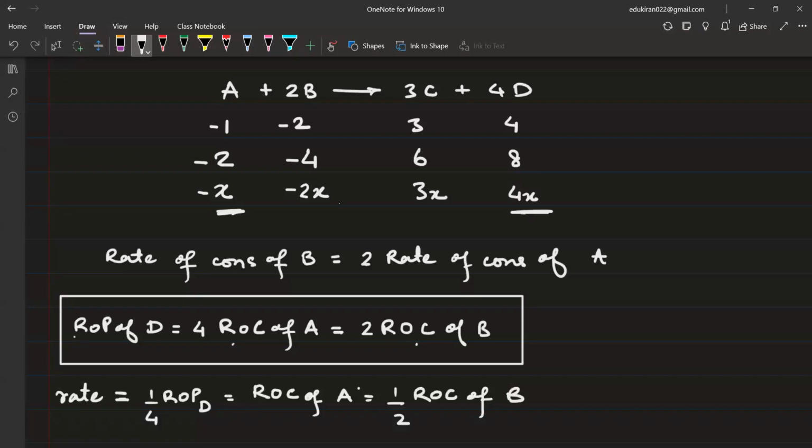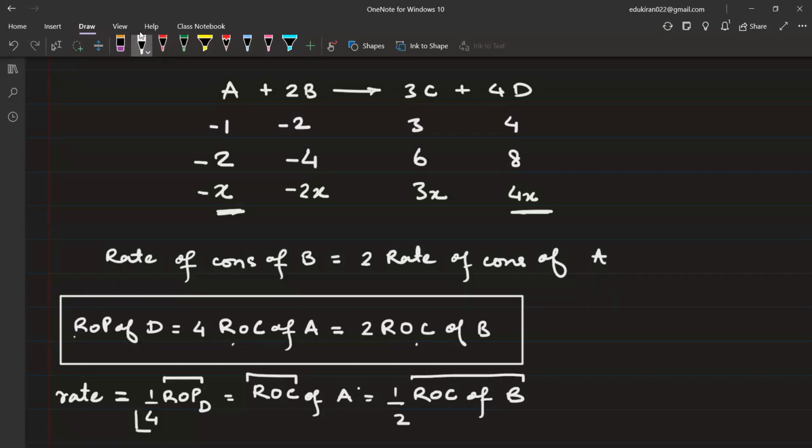Now, when they did till here, they saw that, okay, fine. That means if I am trying to write the rate of complete reaction, then the rate of production of B, because it is a product, divided by its stoichiometric coefficient is the rate of reaction. Rate of consumption of A does not have any stoichiometric coefficient, so you are having 1 by 1 only, right? Similarly, what is rate of reaction?